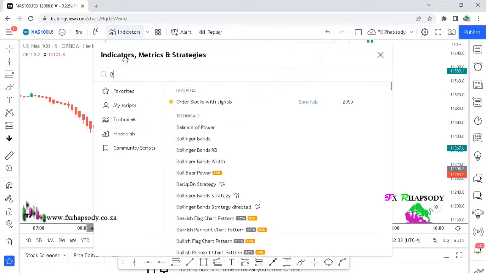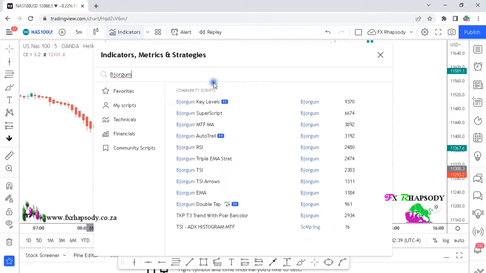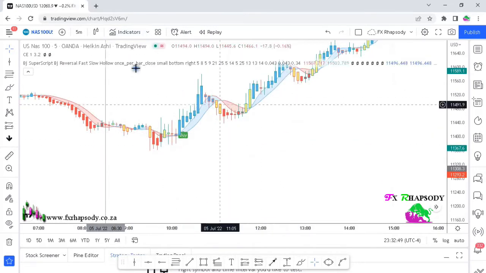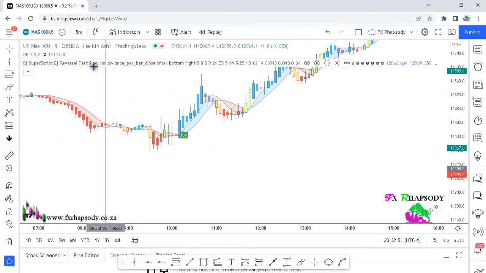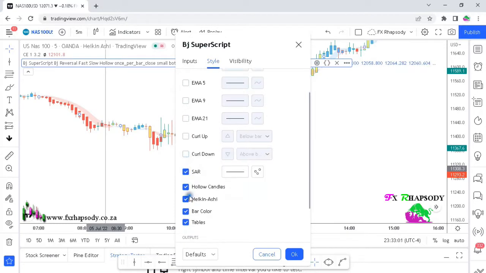So what you want to type in is Biogram, and then we're going to be looking at this Superscript one. You add the Superscript one from Biogram, and again, now it is settings time. We go to the settings tab and take out all these styles, take out everything over here.